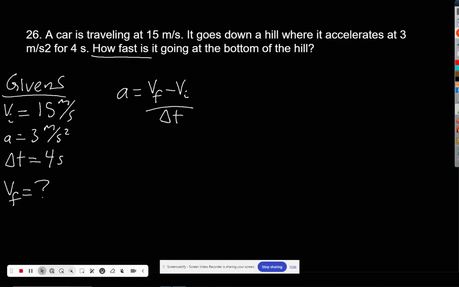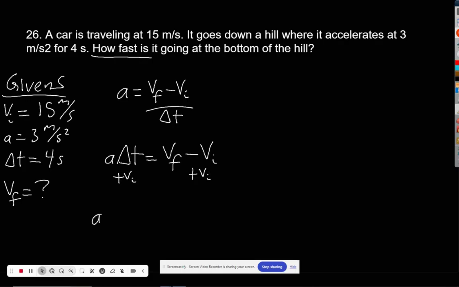I'm trying to get VF by itself. So I'll multiply both sides by time. That'll give me acceleration times time is equal to the change in velocity. I still want to get VF by itself, so now we'll add the initial velocity over to the left side.